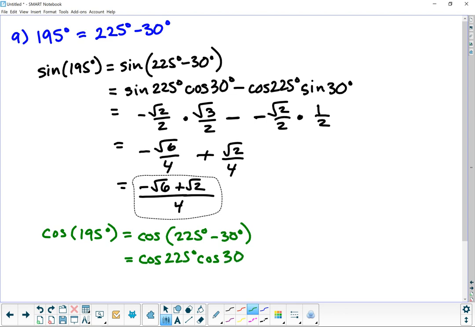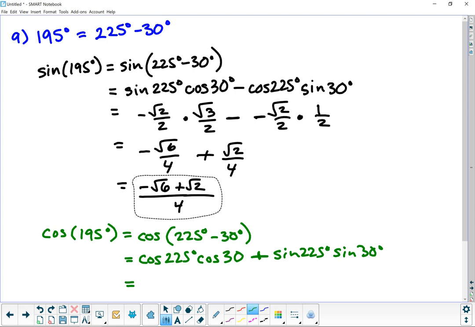And remember, the rule for the cosine is the opposite. So if the cosine is minus in this case, then we're going to go ahead and add. And the rule for the sine is that it's going to be the same. So if it's minus, then you're going to have to use minus again. Okay, for cosine, though, it's going to be opposite. It's going to be adding. And then it's going to be sine 225 degrees and sine 30 degrees.